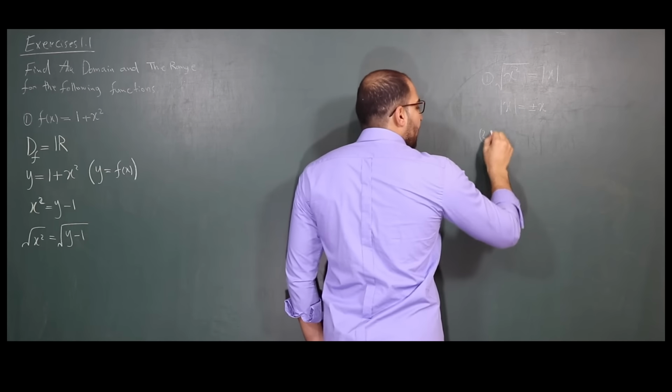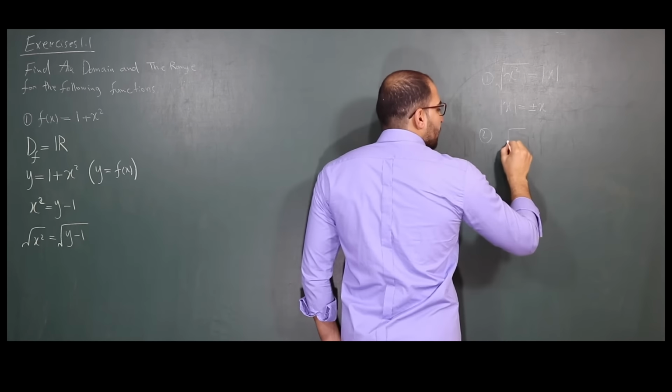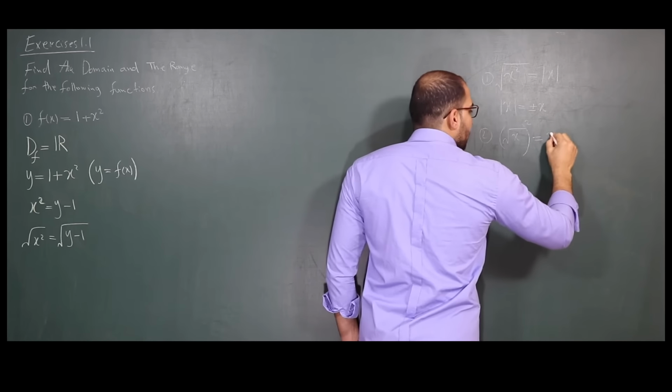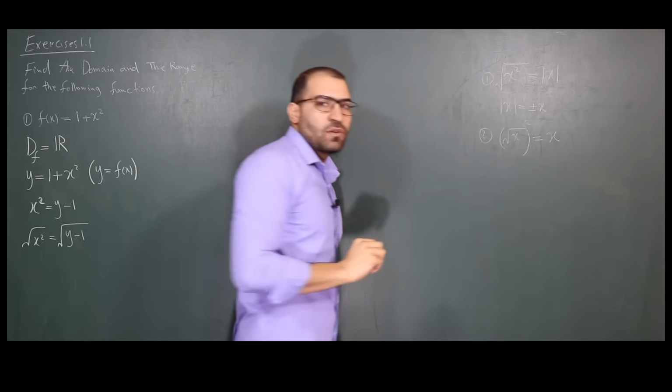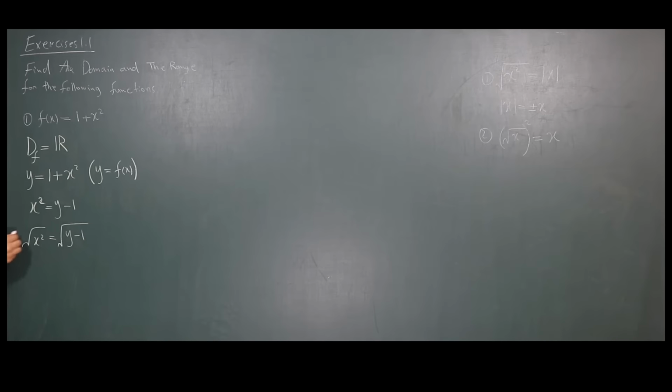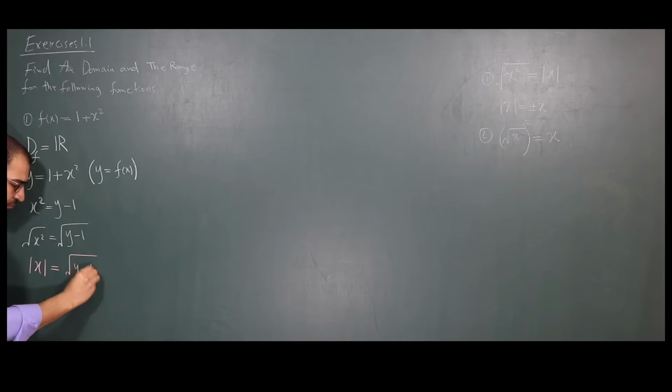But if we have the square root of the value squared, the result will be just x without absolute value. So now, after we apply the square root to the function, I will put the result like square root of x squared equal to the square root of y minus 1.